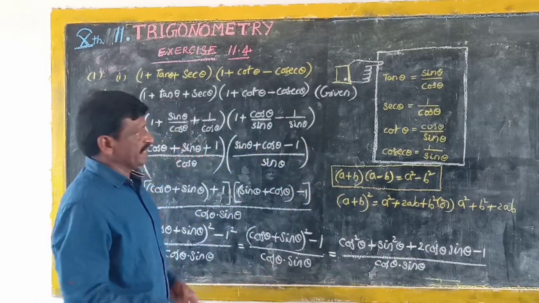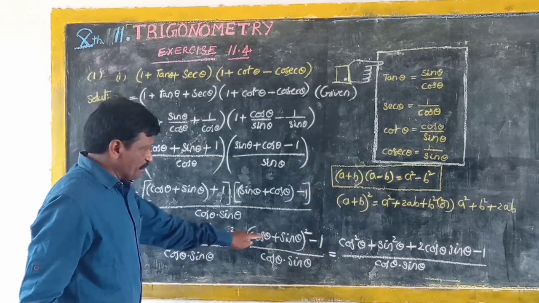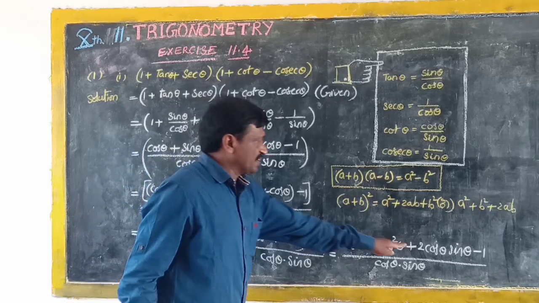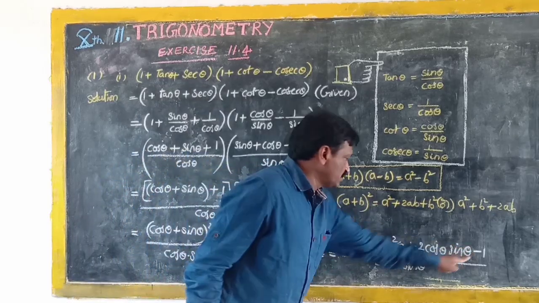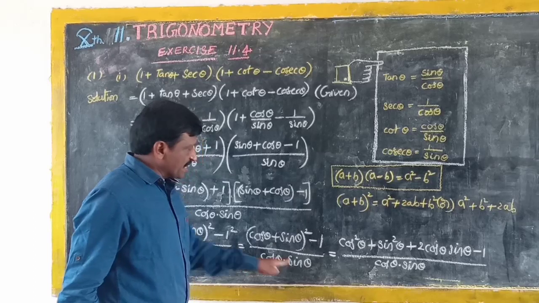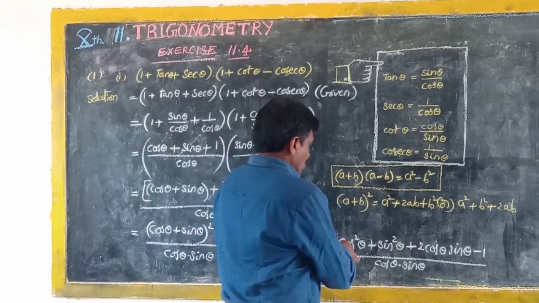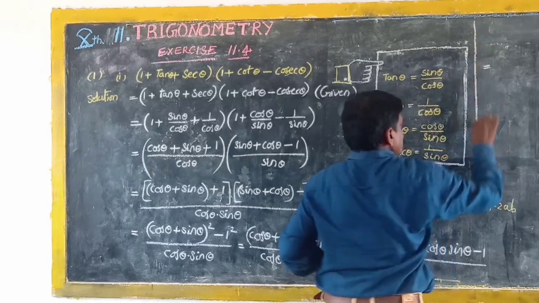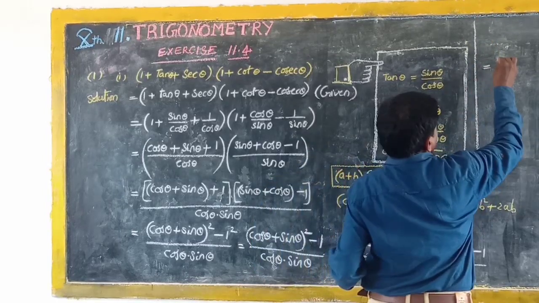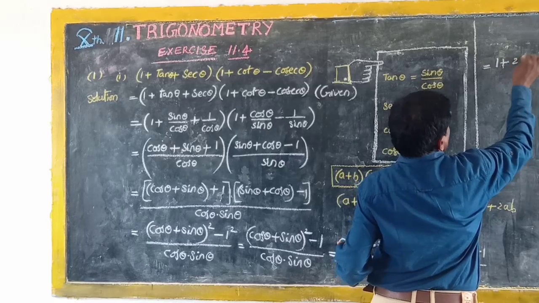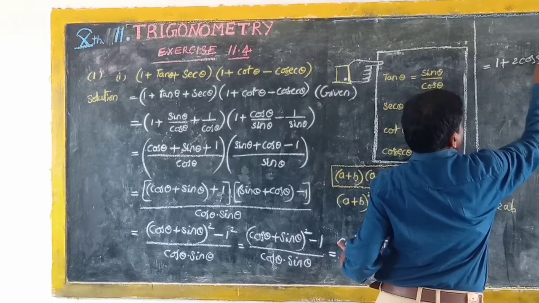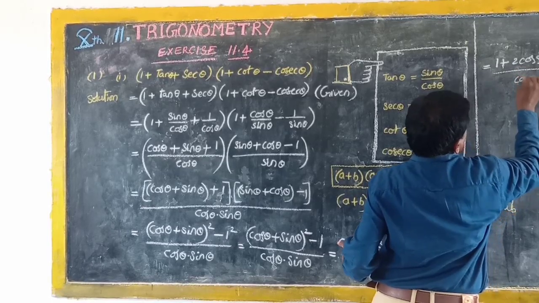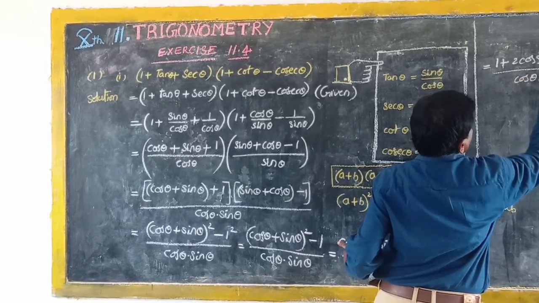Now a plus b whole square is a square plus b square plus 2ab, minus 1 by cos theta sin theta. So cos square theta plus sin square theta is equal to 1, plus 2 cos theta sin theta, minus 1 by cos theta sin theta.